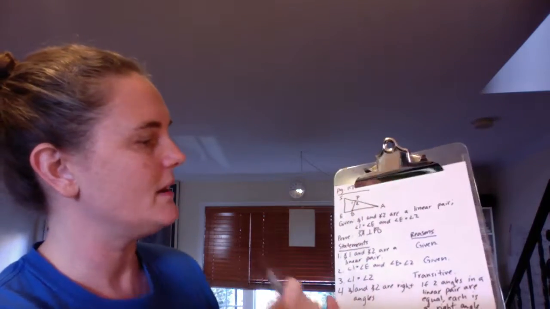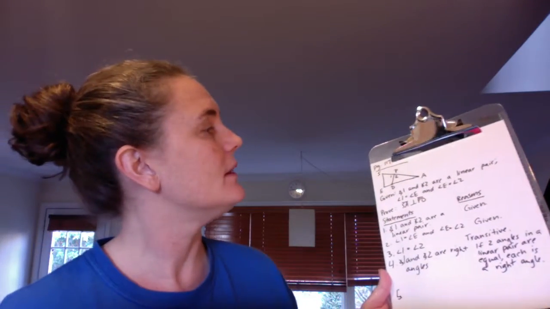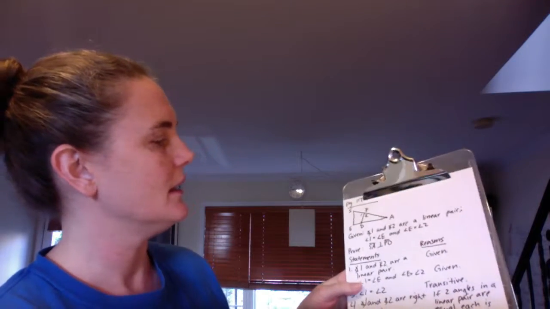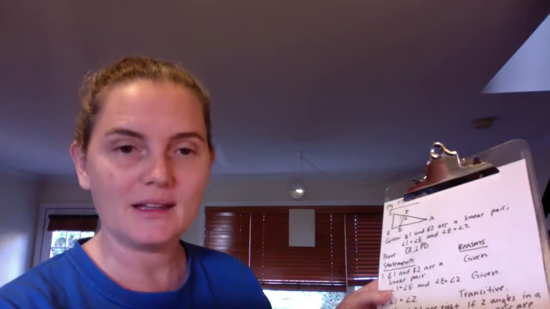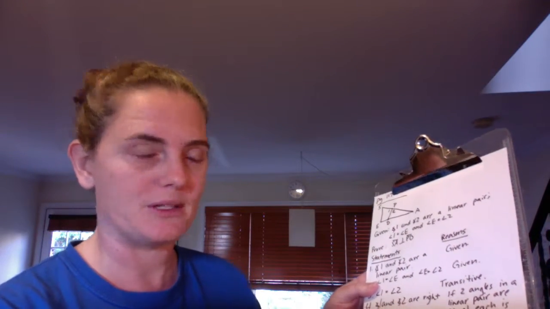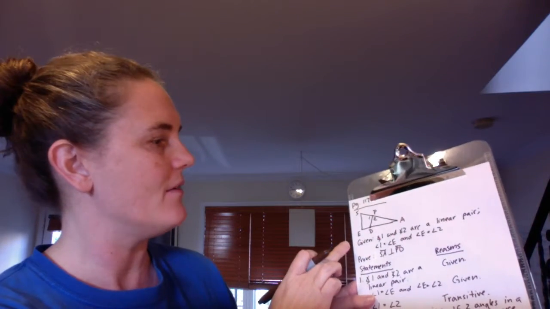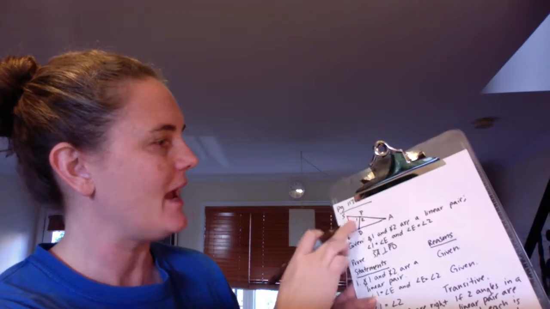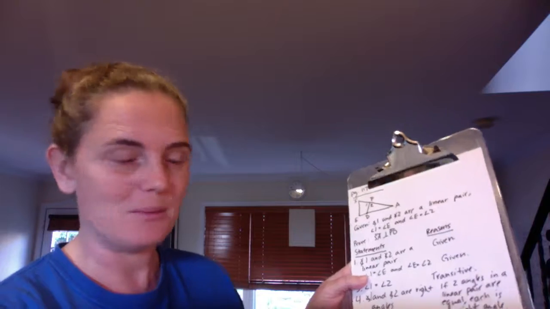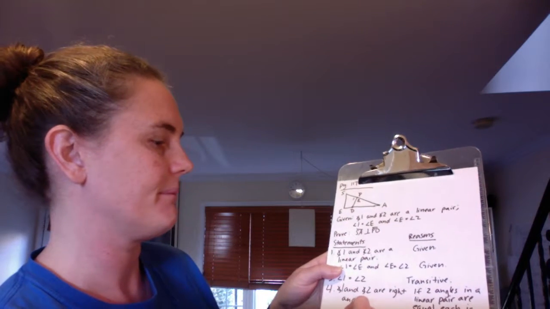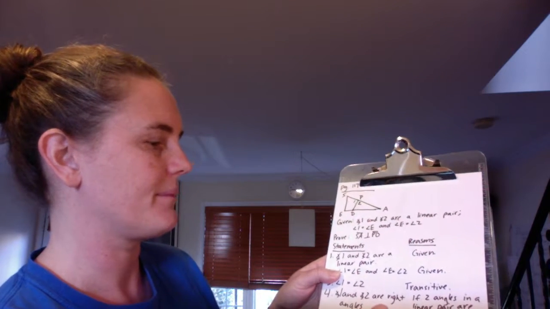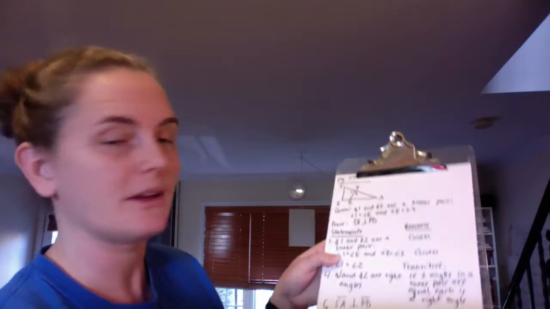So if 1 and 2 are both right angles, then we have met the criteria for perpendicular lines. SA is perpendicular to PD.